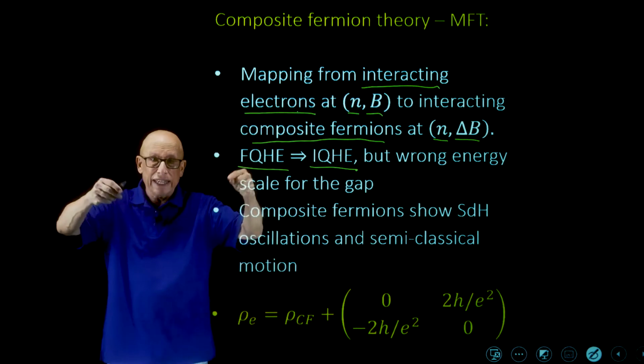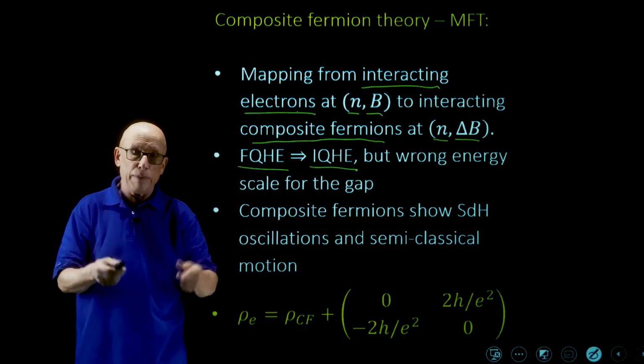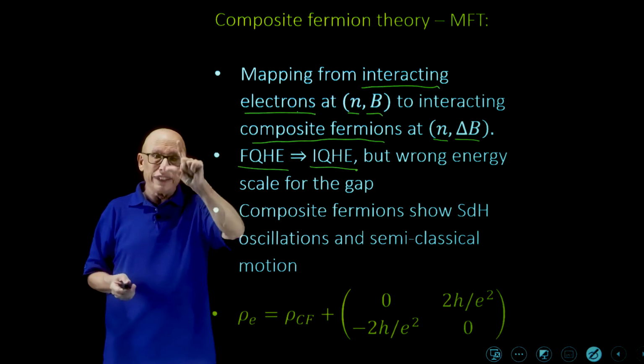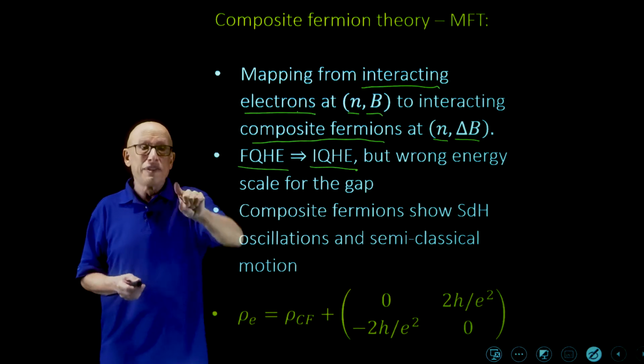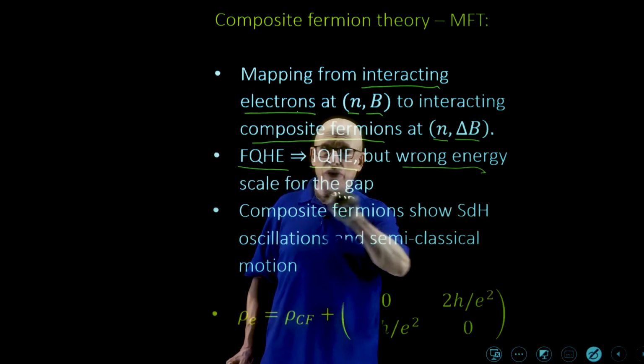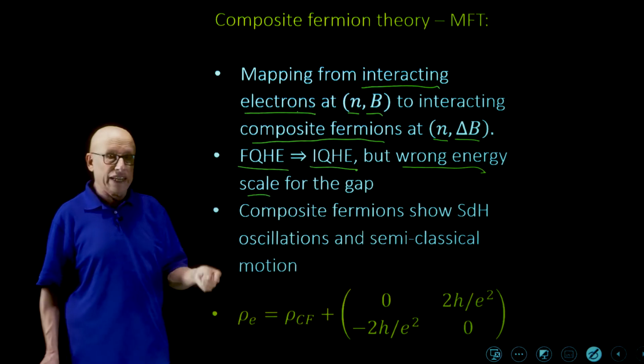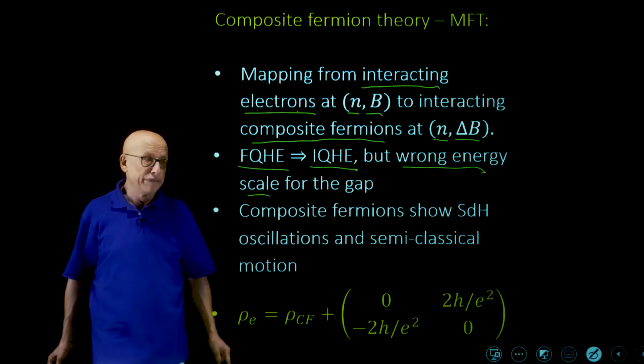It gave us a simple and natural explanation to the existence of an energy gap at those filling fractions at which an energy gap is actually observed. But the bad news was that it gave us a completely wrong energy scale, a kinetic energy scale, rather than the interaction scale that we know should be there.